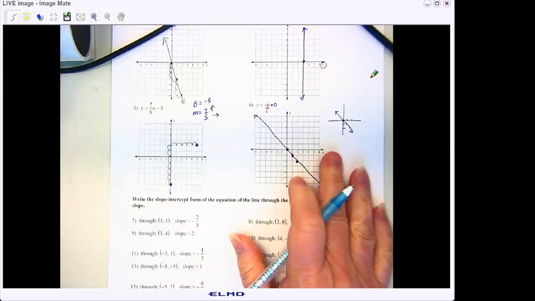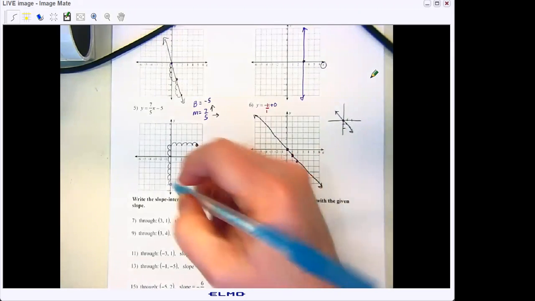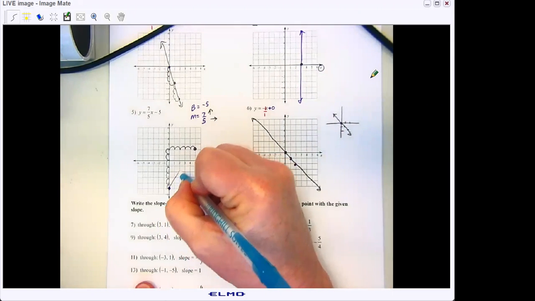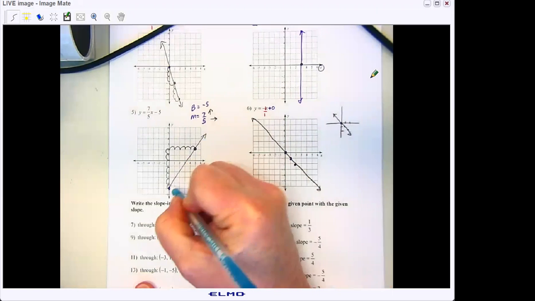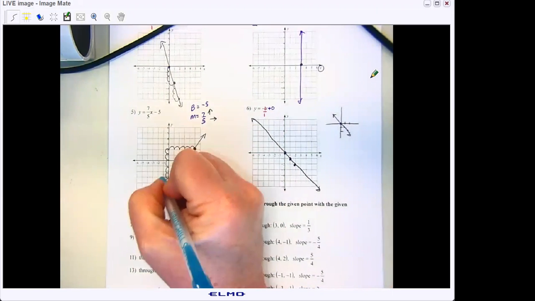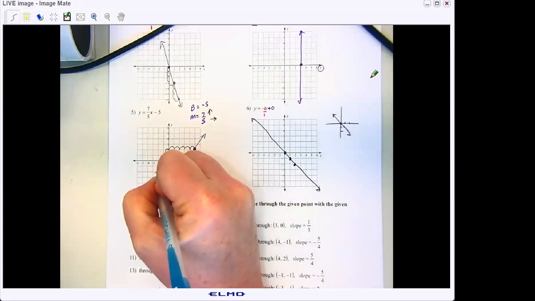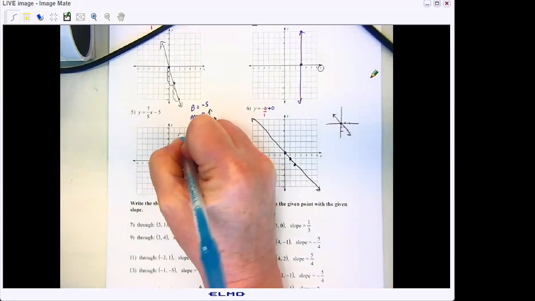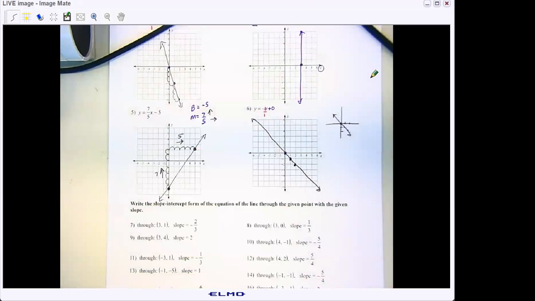And there's my point. And then I would connect them. And you're done. So I'm going up 7 and to the right 5. And if it were negative, I would have gone down.